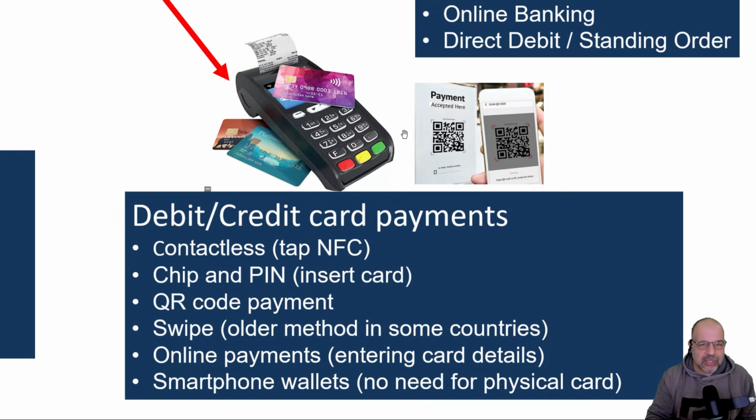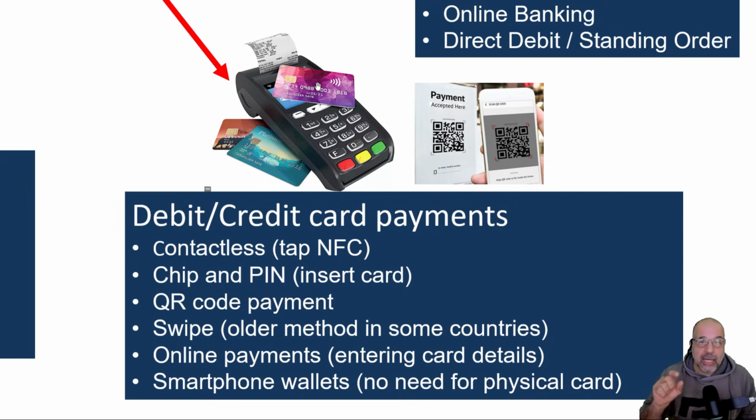A radio frequency is transmitted from the reader, and that energizes the card, because it's got a little antenna embedded in it, which energizes the chip on the card. Then the card is able to start sending data about the card itself so that a transaction can be made. Okay, so that's contactless NFC.